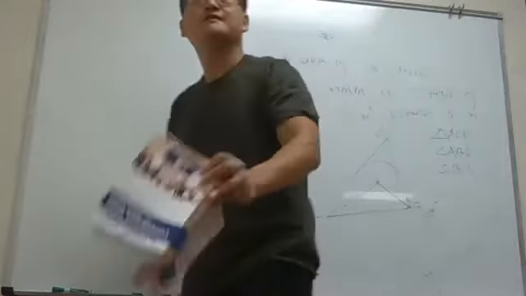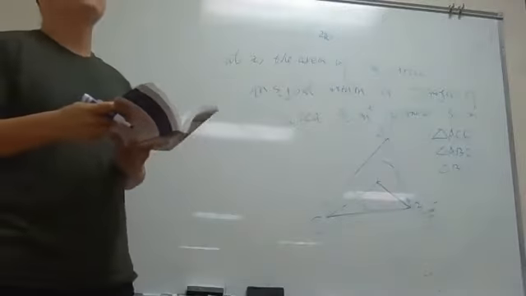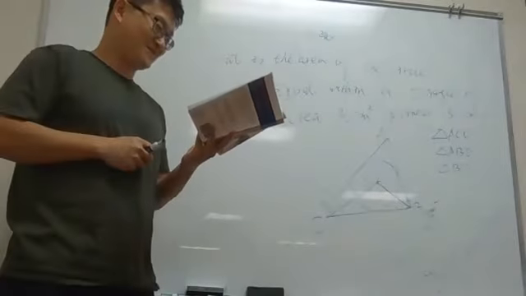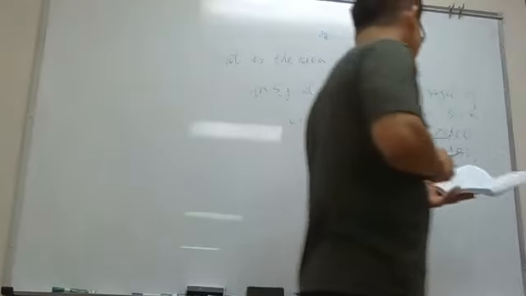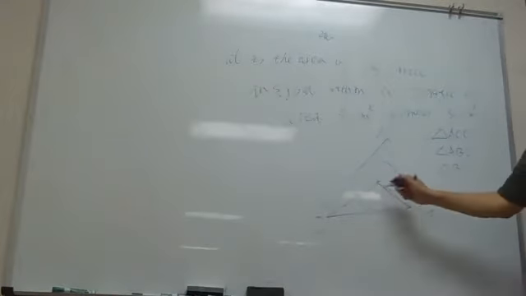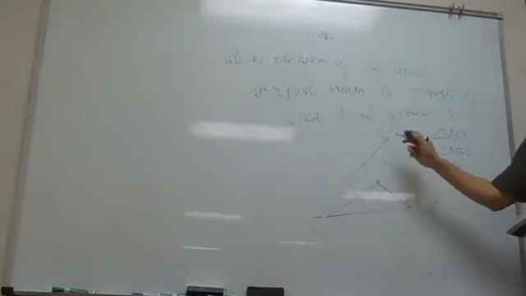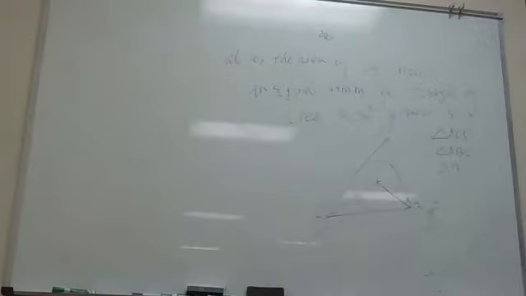Yes, the sum of the areas equals the area of ABC. Good job, Daniel. That's very important, that's what we're trying to use here. If you add these three areas, you get the area of ABC.